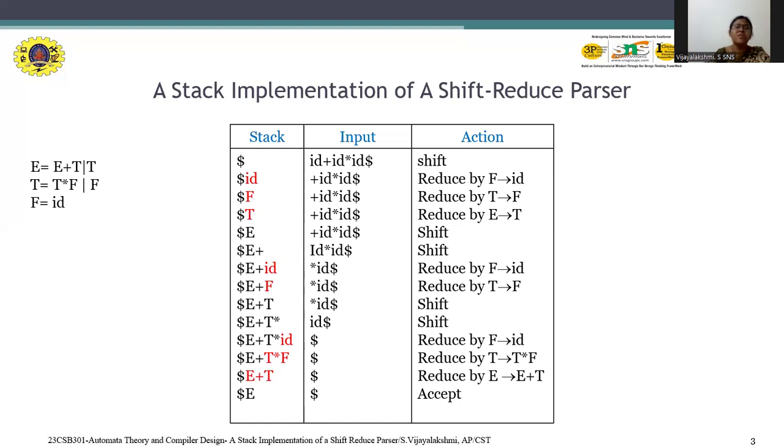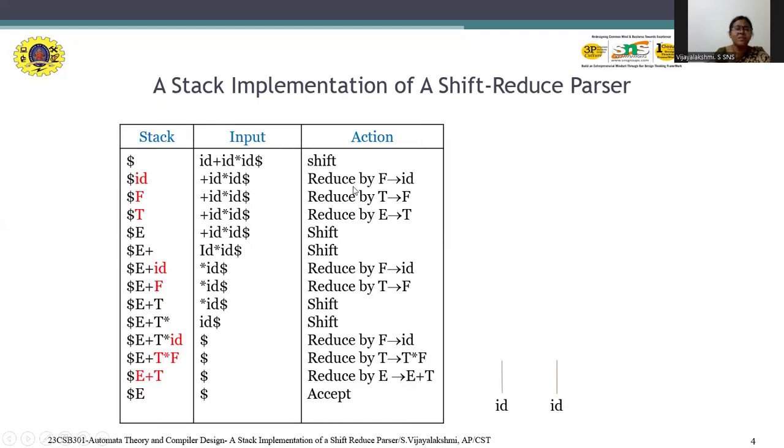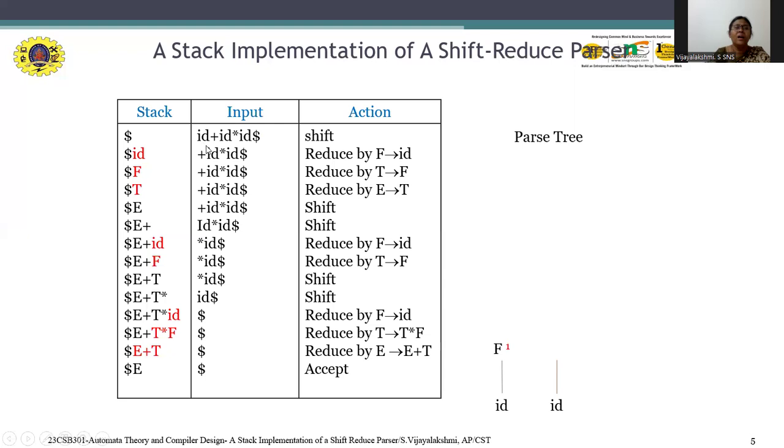The first step is a shift operation. The stack holds the dollar symbol, and the action is shift ID.